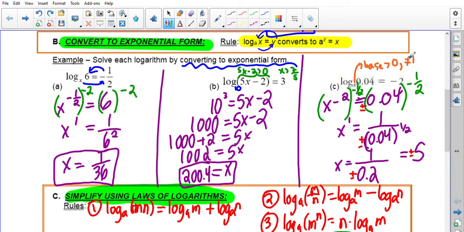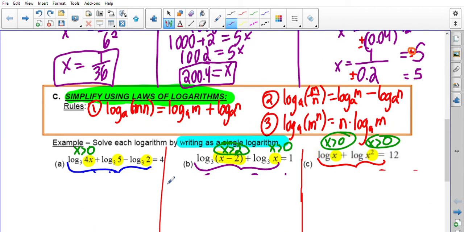So according to that restriction, the base cannot be negative 5, so I have to go with the positive answer. Therefore, x equals positive 5 only. Even though mathematically you get plus or minus 5, 5 is the only thing that can be a base value for a log.